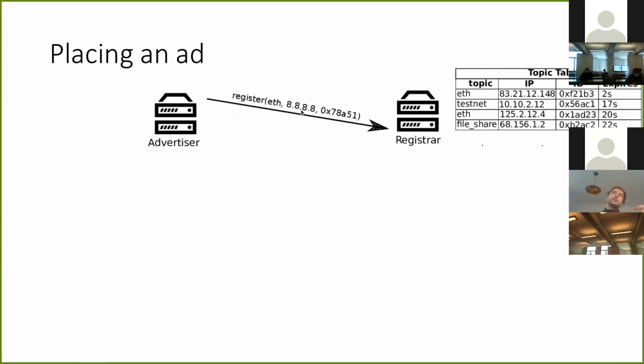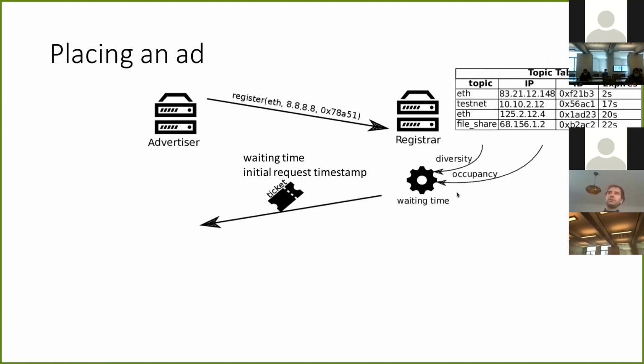Now when the registration is received, we don't right away admit it into the topic table, but we first calculate what we call a waiting time. This is basically telling the advertiser, okay, I'll add you to the table, but you have to wait for this amount of time. This waiting time is based on diversity and on occupancy. Diversity means I take this registration and compare it against the content of the table.